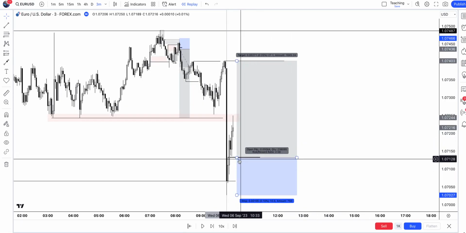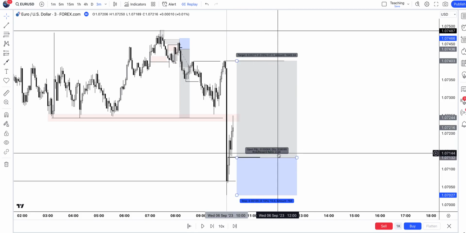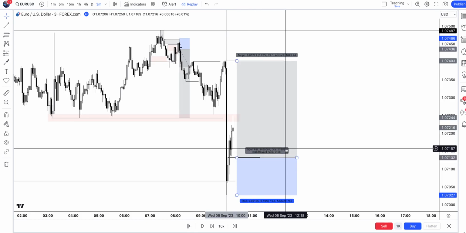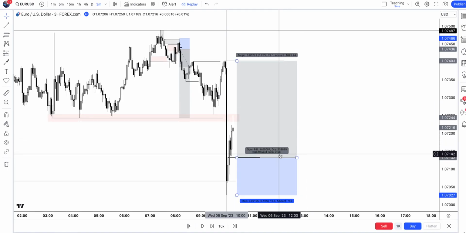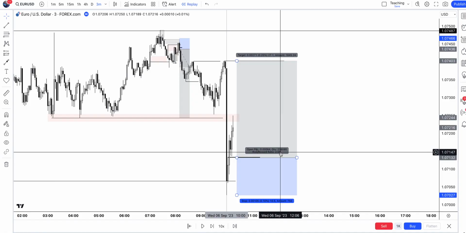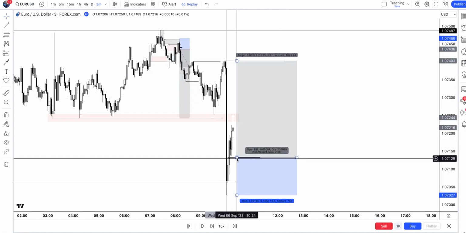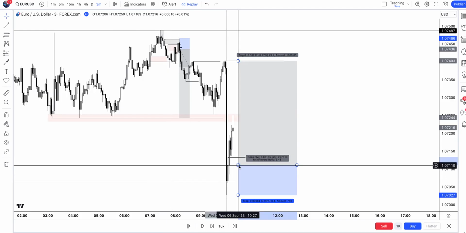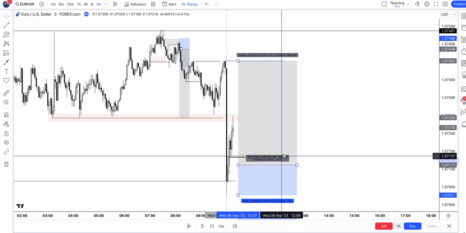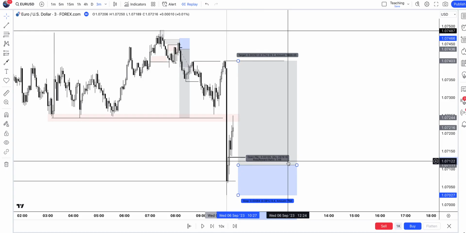So what I did was I put my tool on. I saw that it was a 1 to 2.6. Am I interested in taking trades like this? Not all the time. I don't mind if my RR is like this, but it's also not my favorite. So like I've told you guys in the past, get greedy with your entry a little bit in order for that RR to make sense, and then it essentially follows your plan.